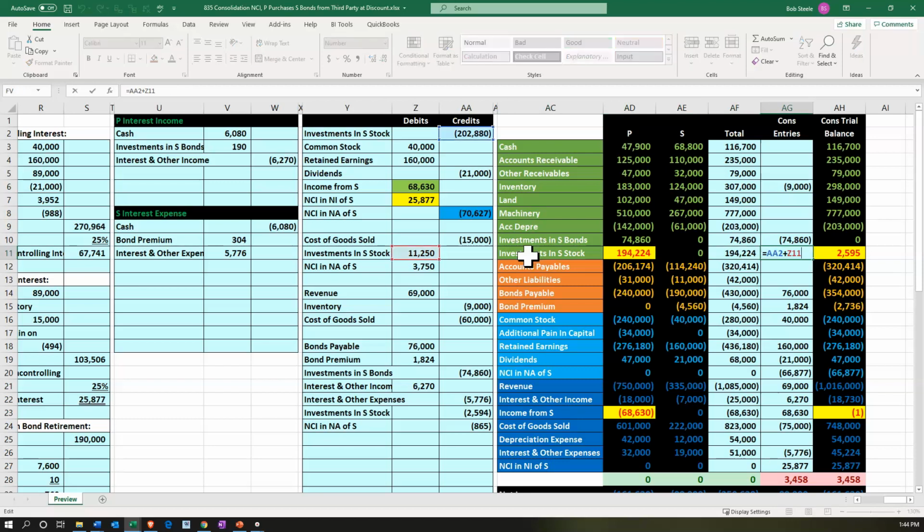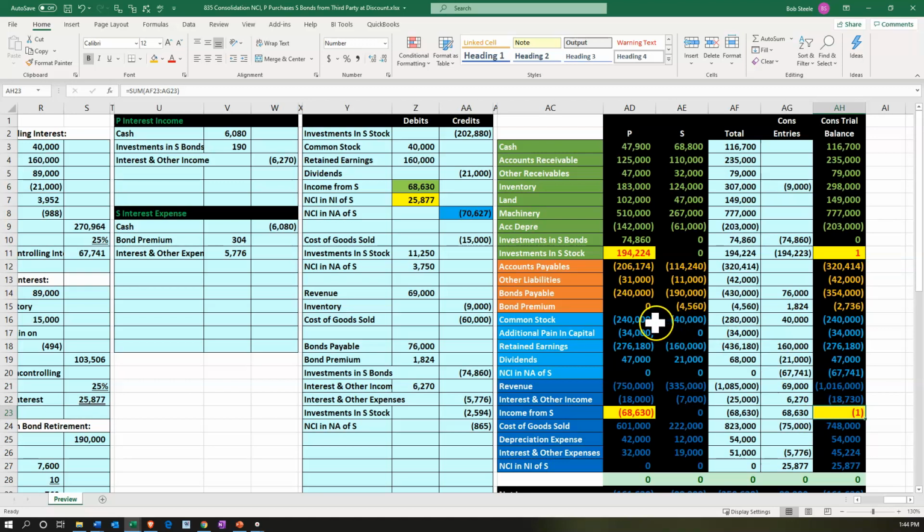I'm going to say F2 plus F2. That's going to be the 2594. And then we've got the non-controlling interest down below, F2 plus F2 for the 865. So there we are. Now, this is at zero. It's a rounding difference of $1, so I'm okay with that.